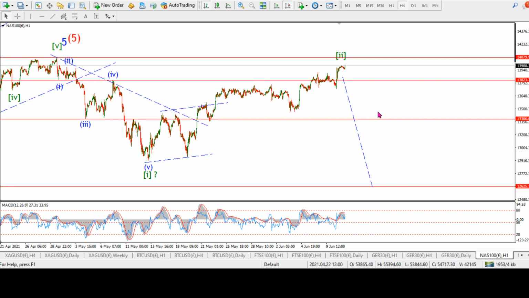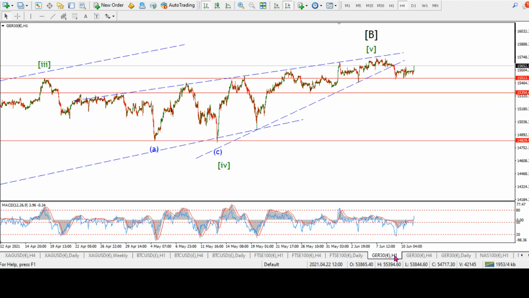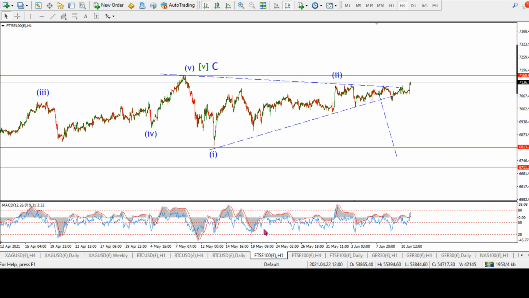Maybe the action of the S&P has proved too much to constrain itself, and we break out to a new high before rolling over, but it's a pretty weak challenge of that new high so far. Let's see if that happens. German market seems to have completed a wedge, and then maybe we're heading lower off that wedge. The FTSE, we're still holding below the early May highs here, just like the Dow.